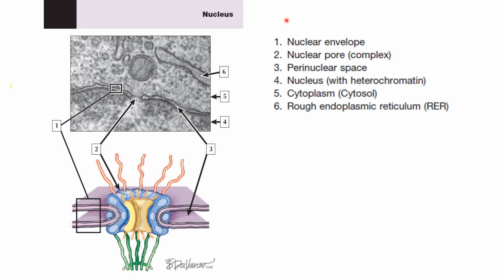Many small octagonal apertures called nuclear pores, labeled here as number 2, perforate the nuclear envelope. About 100 nanometers in diameter, they permit selective, bidirectional exchange of small molecules, ribosomal subunits, and other substances between nucleus and cytoplasm.